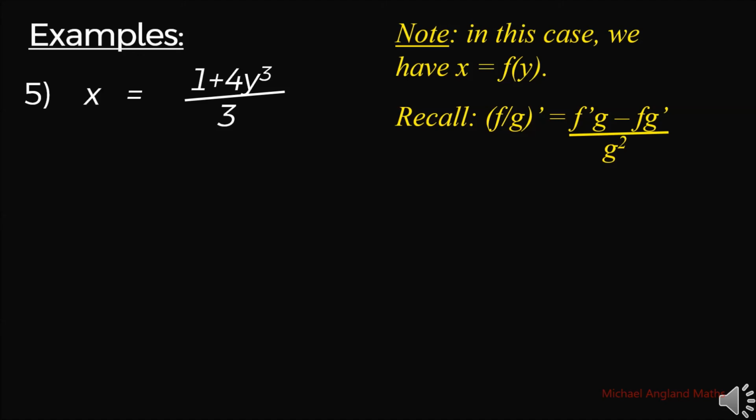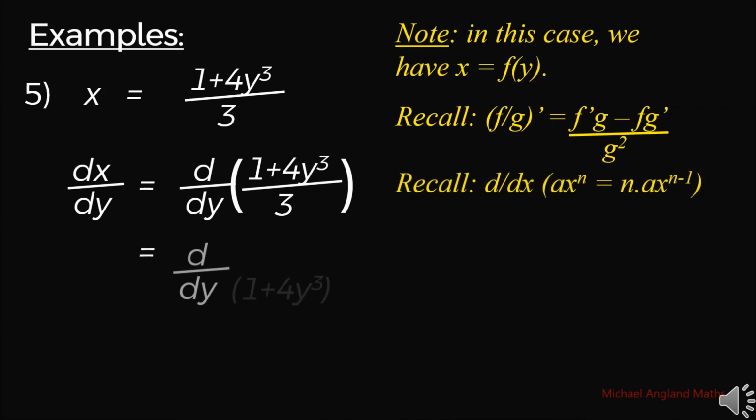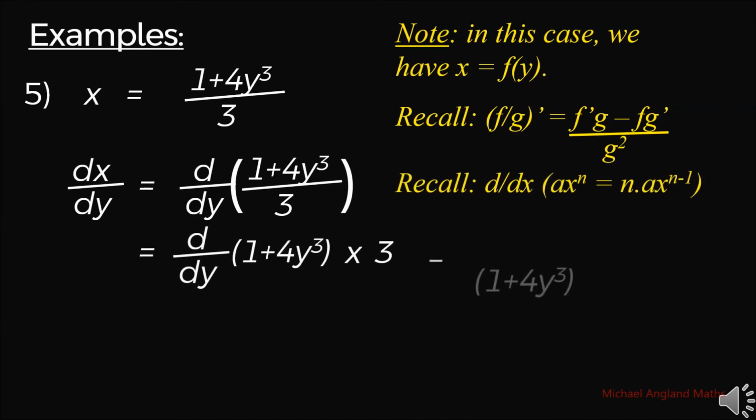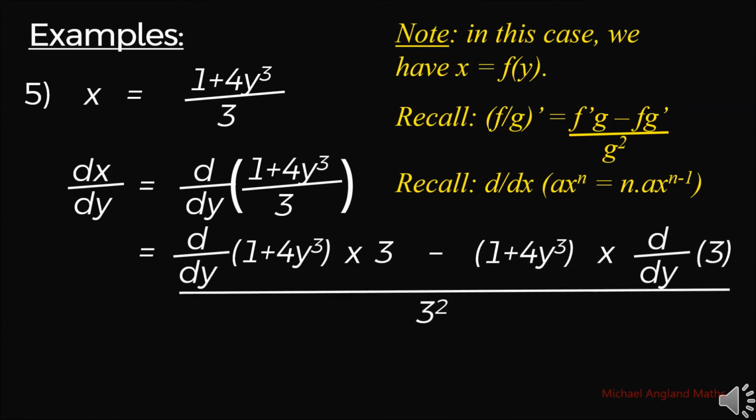So, as I said, we have dx on dy, which is equal to d on dy of that quantity on the right-hand side, 1 plus 4y cubed on 3, which is equal to d on dy of the numerator, 1 plus 4y cubed, times the denominator, 3, minus the numerator, 1 plus 4y cubed, times d on dy of the denominator, 3, and all of that over the denominator squared, which is 3 squared.